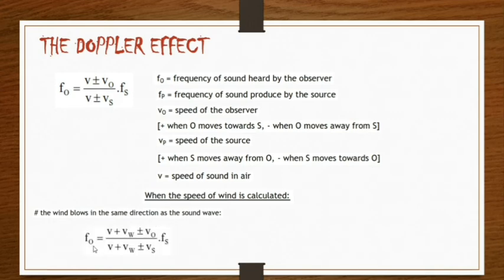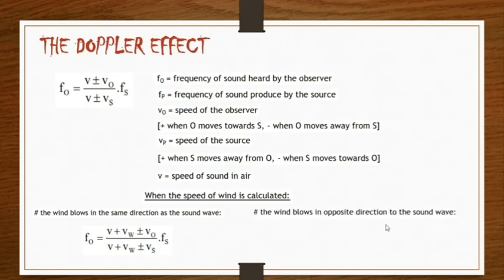So Fo will be (V plus V wind plus minus Vo) over (V plus V wind plus minus Vs) multiplied by Fs. We just have to add V with the speed of the wind, because we know that it will get to the observer faster or quicker.